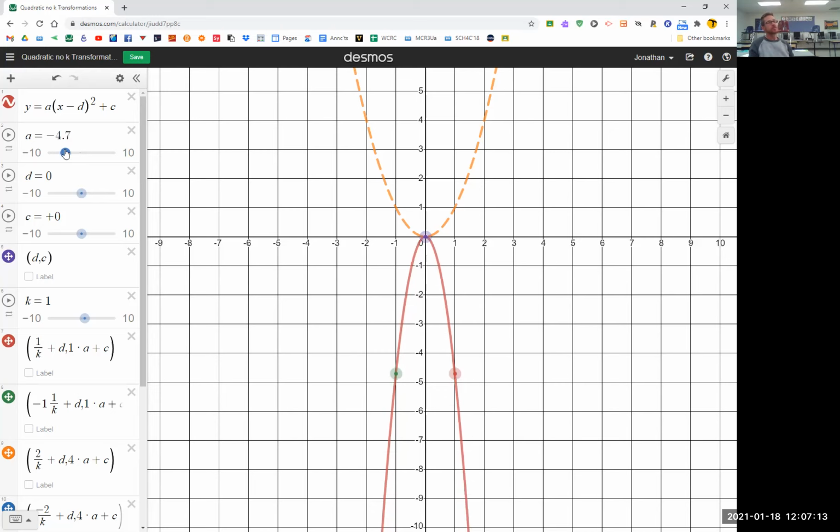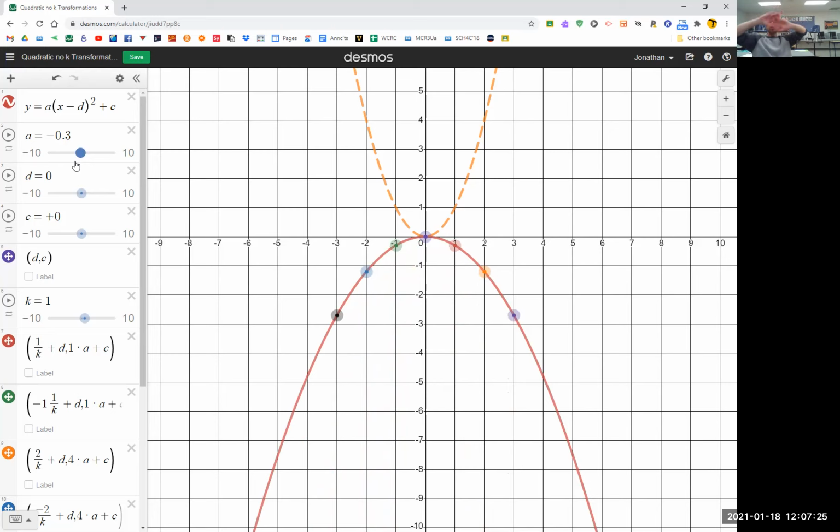And when A is a smaller number, like a fraction such as negative a quarter or negative a third, this thing's actually squished down. So A equals negative a third would give me a graph that is reflected over the x-axis, or reflected vertically is an easier way to say it, but also compressed vertically.